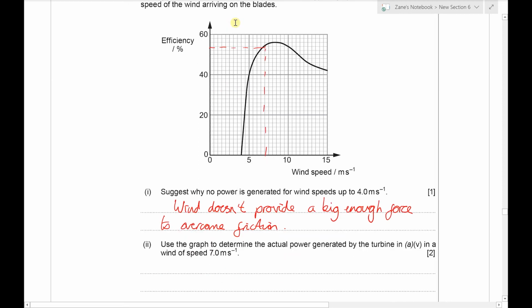So all we're going to do is find 54%. Let's call it P out if you like. It's 54 over 100, or 0.54, of that 1640 that we worked out just now, and using the accurate figure we get 888 watts.